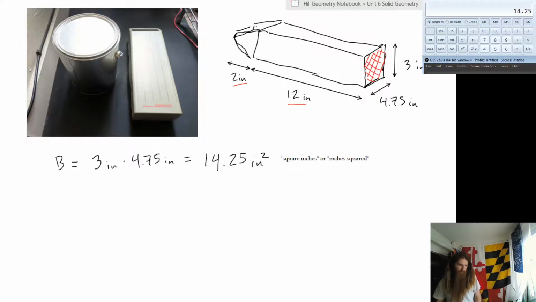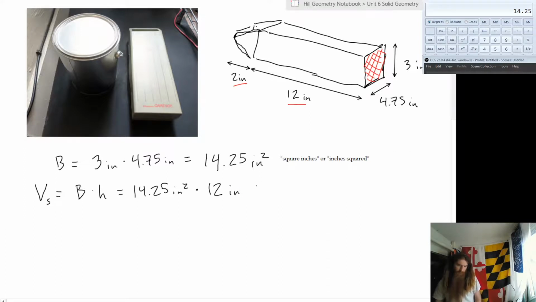For our small volume, we're going to write volume, and I'll put a little sub s for small. That's going to be base times height. The base is 14.25 inches squared. And the height, remember, is just the 12 inches, because that's the height for a rectangular prism that is smaller than our GameBoy carrying case.